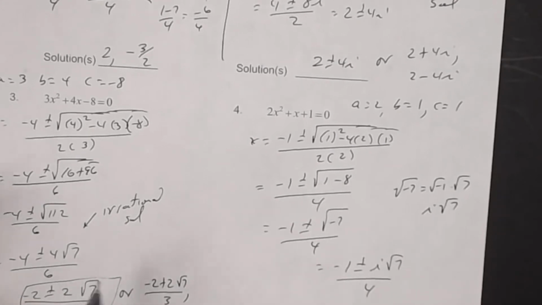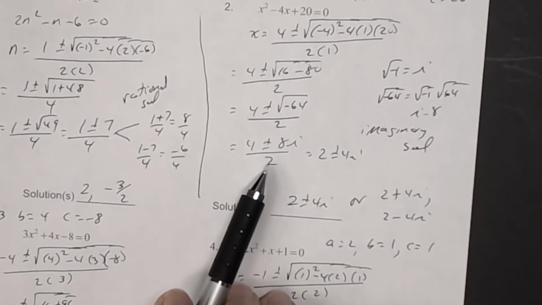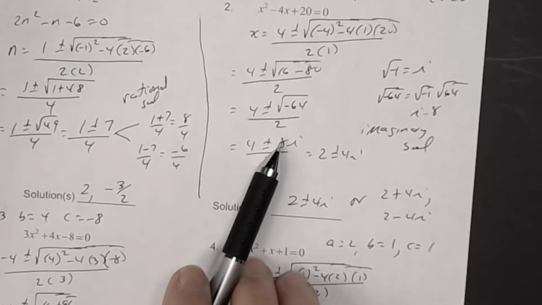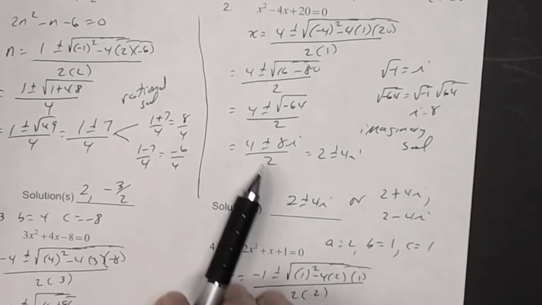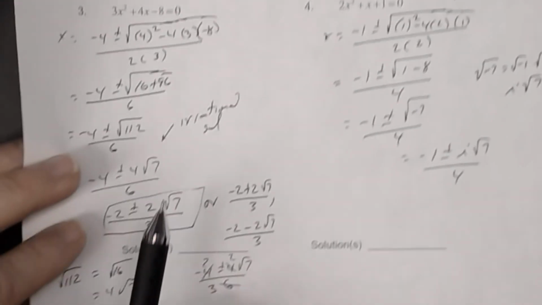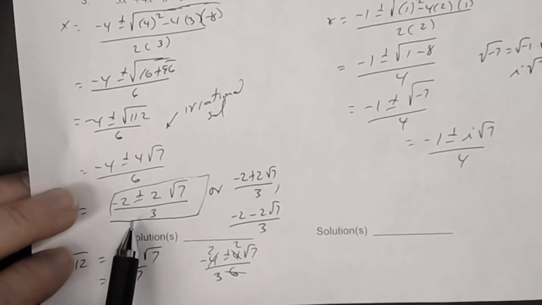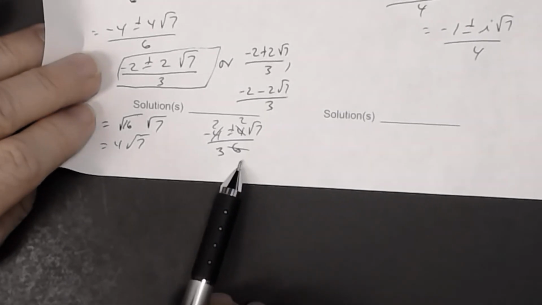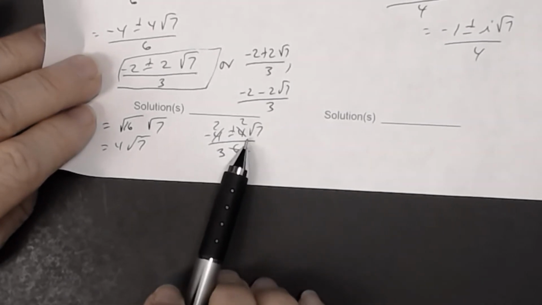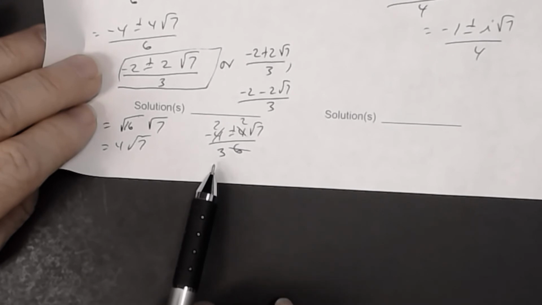And notice when we did number 2, we asked ourselves, if I look at 4, 8, and 2, what do they all have in common? They all had 2 in common. When I looked at negative 4, 4, and 6, they were all divisible by 2.